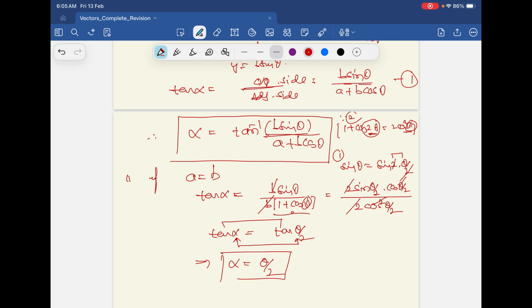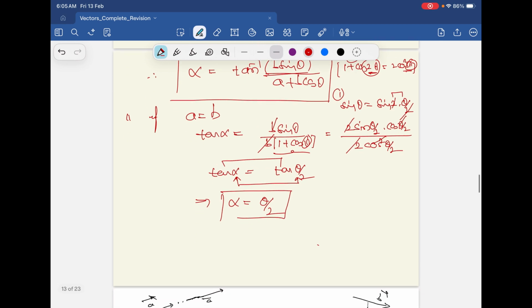So when two vectors are of equal magnitude, like this a bar and this b bar, in a parallelogram, again this is a, again this is b, this angle is theta, the resultant is r, and this angle we made as alpha. Now what is the conclusion?